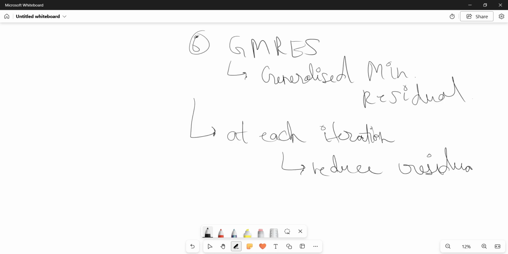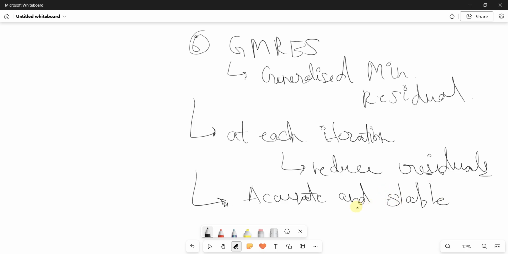Now how is this helpful? Now you are way more accurate and fast, accurate and stable, because you're trying to remove the errors and residuals within each iteration. This is mostly used for compressible CFD, because as I told, for transient and compressible CFD, if you go with the segregated or normal methods, you will end up nowhere because it will take a lot of time, as there are a lot of equations to solve in compressible flows.